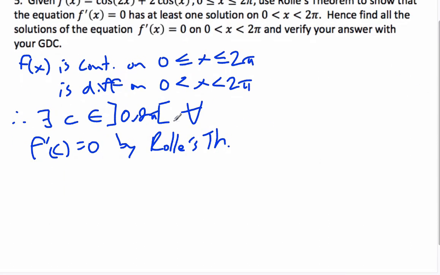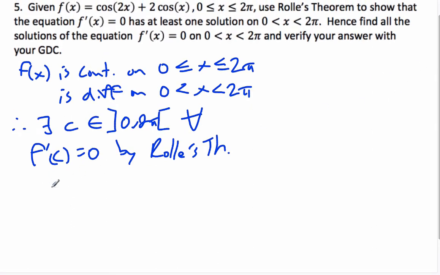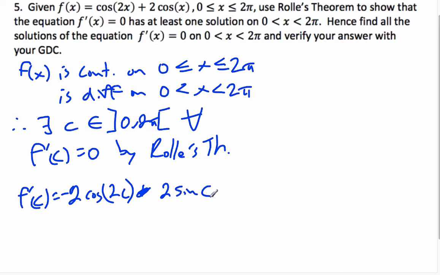Okay, so there exists at least one, and now we're going to find all the solutions. So the derivative f prime of c is going to be equal to negative 2 cosine 2c minus 2 sine c.